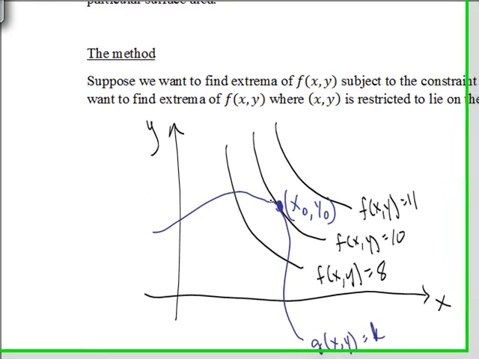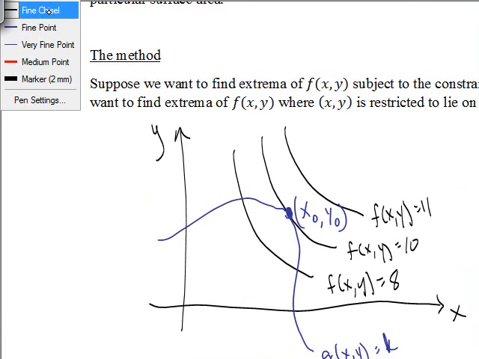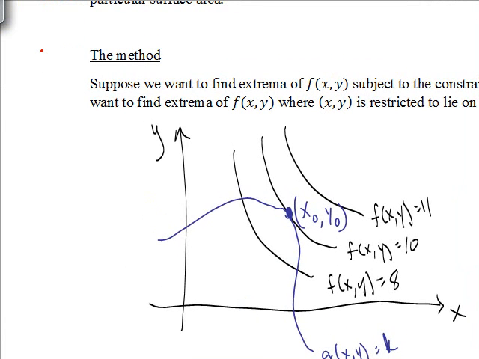What does that mean? Let me take another thing here. Let's take a medium point here. Where g of x, y equals k intersects the level curve, that is where there is a common tangent line, right?